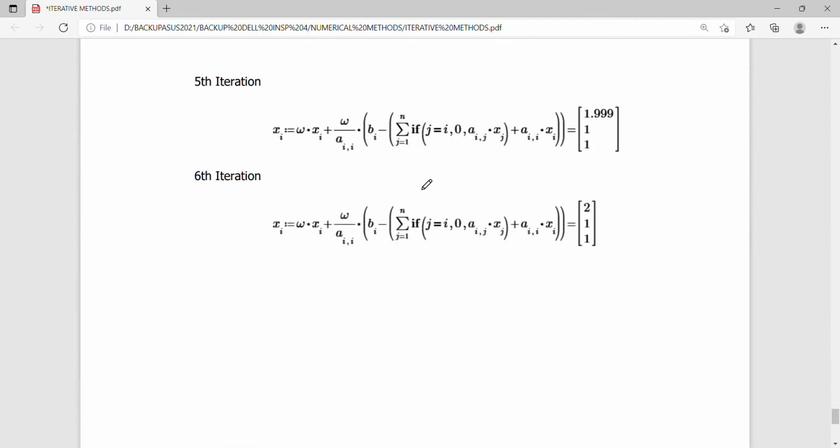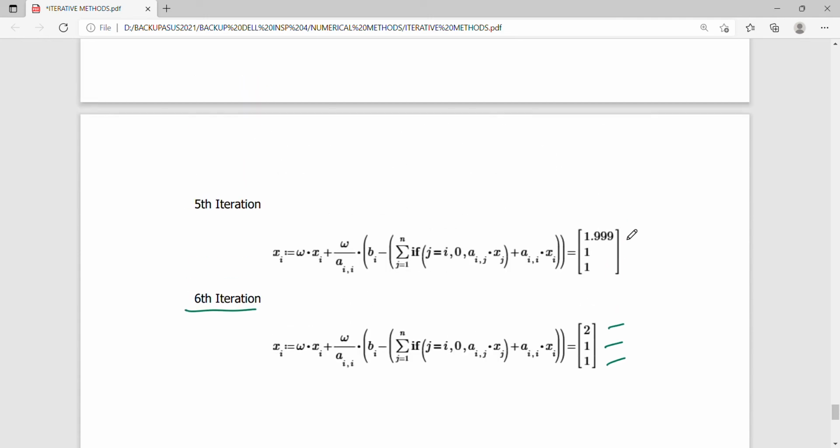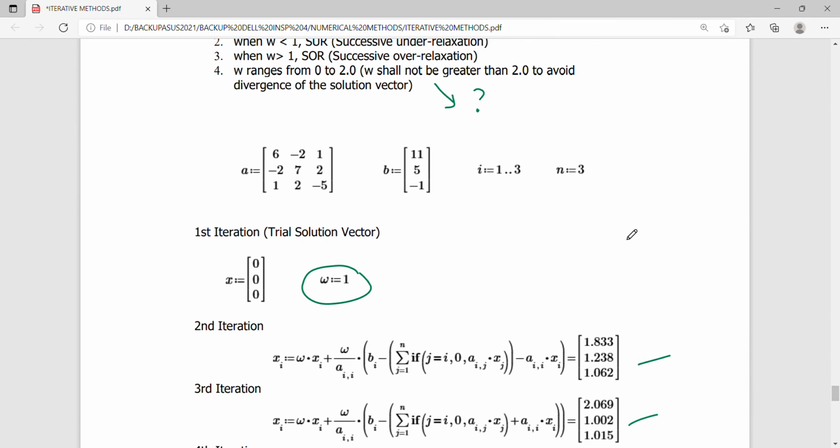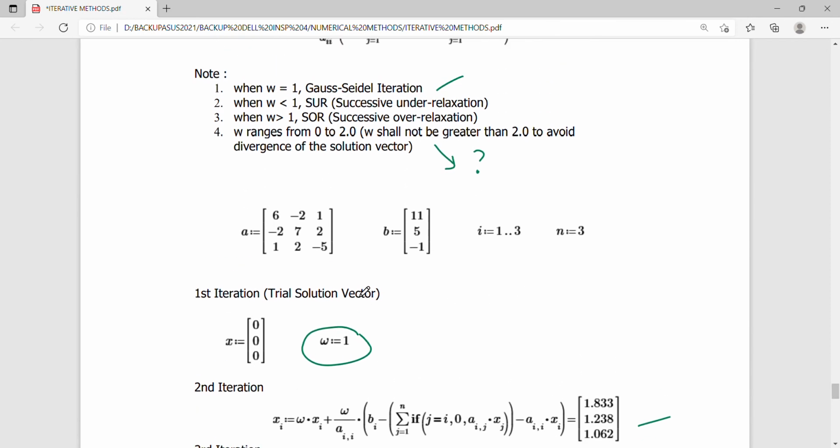Notice that the number of iterations involved is the same, 6 iterations, coming up with your exact solution because this relaxation procedure, assuming omega is equal to 1, is simply a Gauss-Seidel iteration.